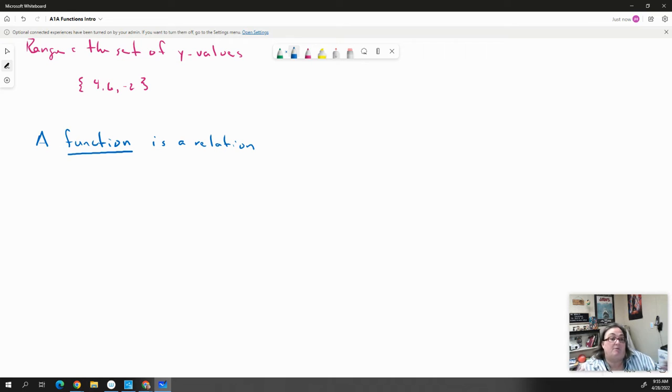So something's being performed on these values, right? So with a relationship, where each input has only one output.